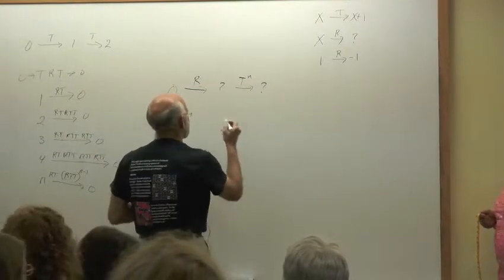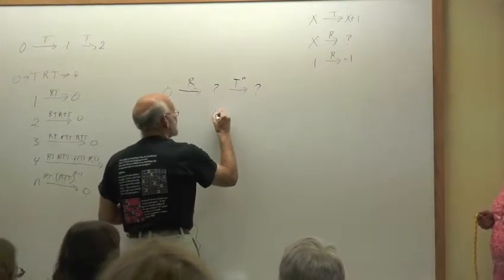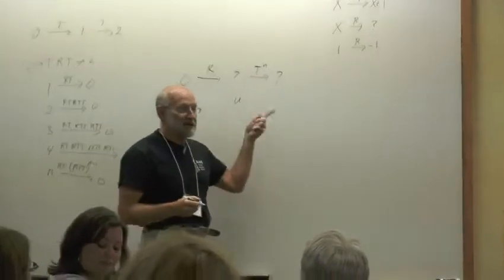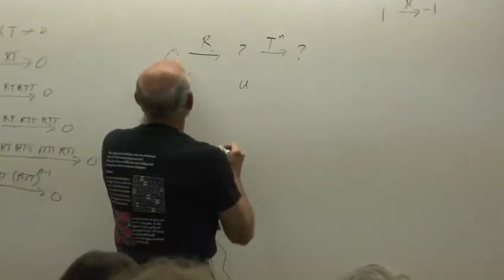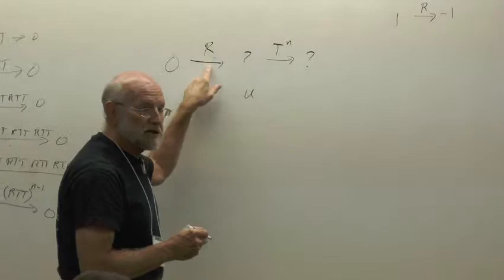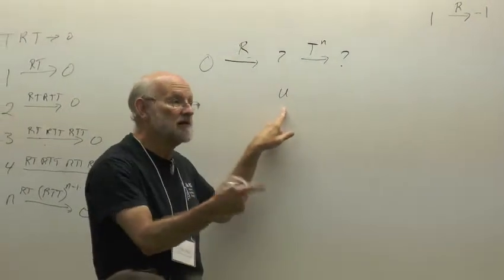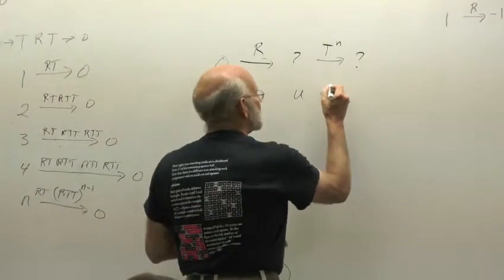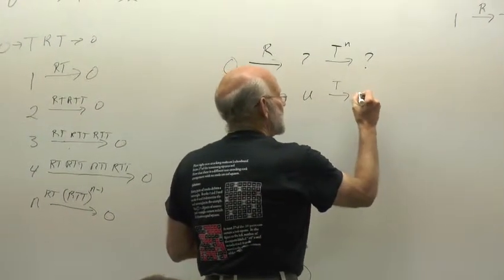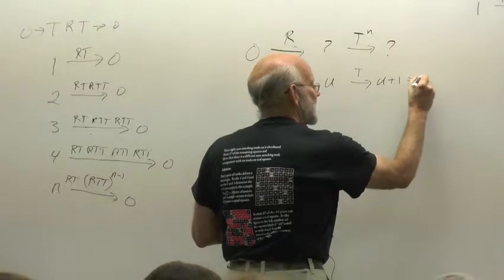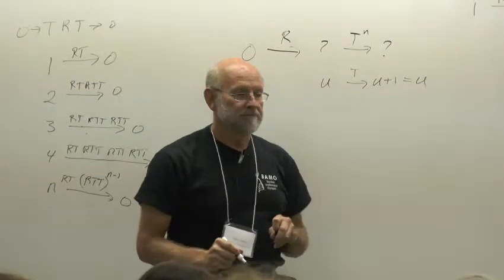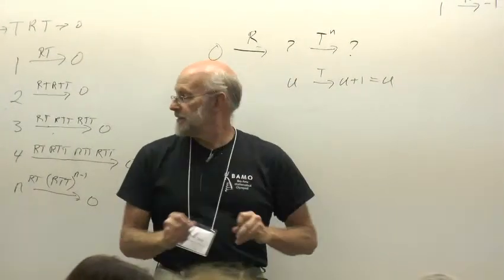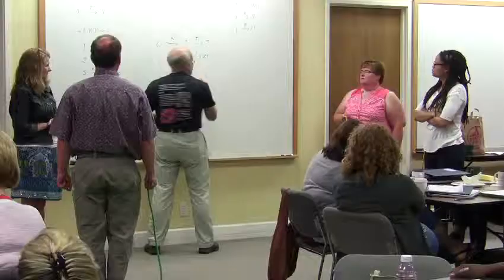Let's call it U for unknown. I'm just going to assign a name to this. And so if you start with 0, rotate gets you to some unknown number, right? And now what does twist do to U? So U plus 1, but that's the same as U. Okay? So, I took high school algebra.